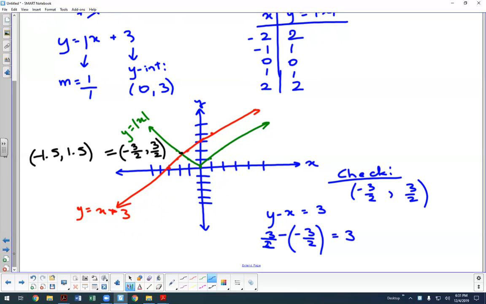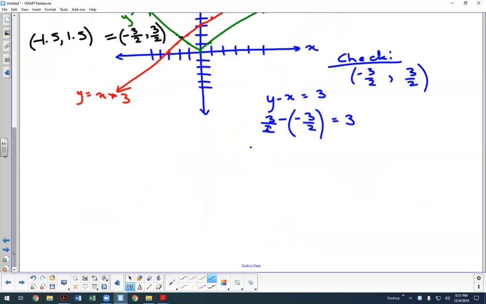So what happens there? Two negatives make a positive, right? So you'll basically have 3/2 plus 3/2, which is 6/2, which is of course 3. So you get a true statement for that one.